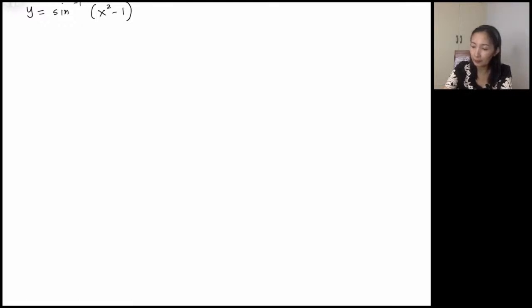Find y prime. Looking at our function given, this takes the form arc sine of u.